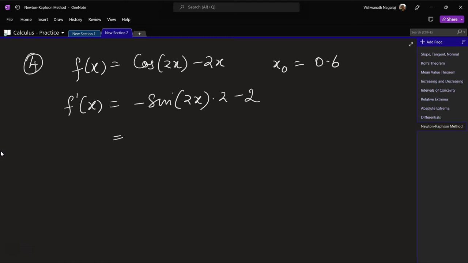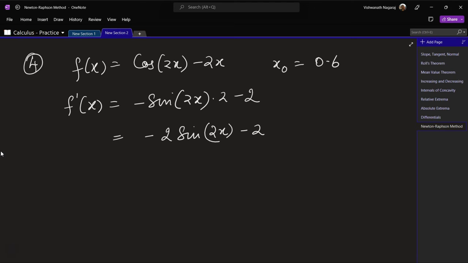This can be simplified as minus minus, so this will be minus 2 sine 2x minus 2.